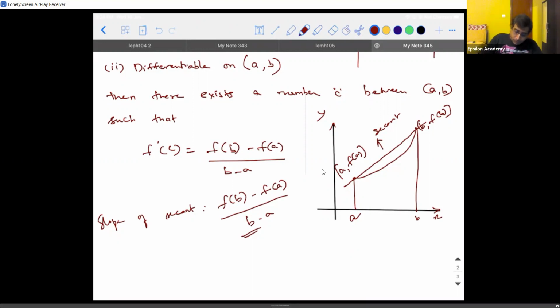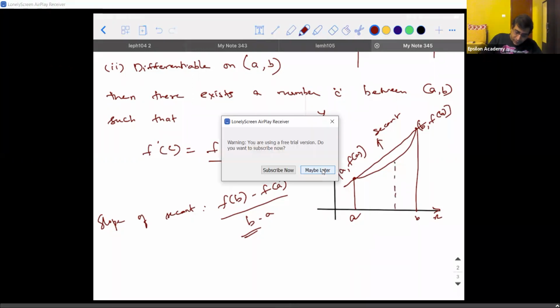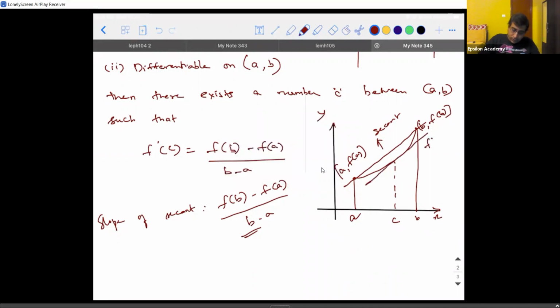If I am able to find a point C somewhere in the open interval A to B, such that if I draw a tangent to this curve at that particular point, then the slope of this tangent will be f dash of C. So the tangent that you have drawn will be parallel to the secant. When two lines are parallel to each other, obviously their slopes are going to be the same.